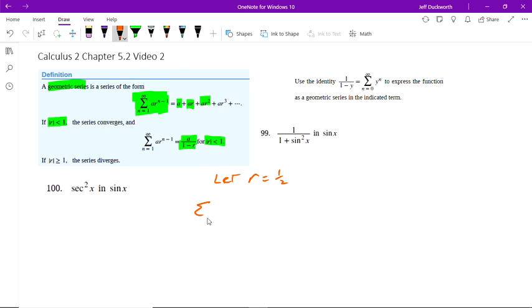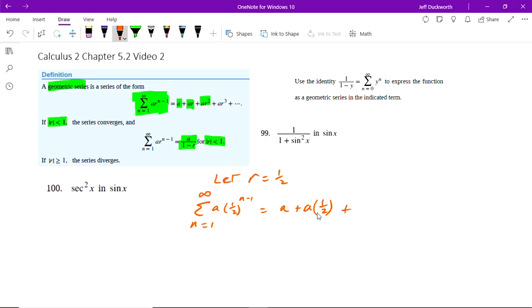So the sum from n equals 1 to infinity of a times 1/2 to the n minus 1. Well, our first value is going to be just a again. There's no difference, right? And then we get a times r, a times 1/2, or a over 2.